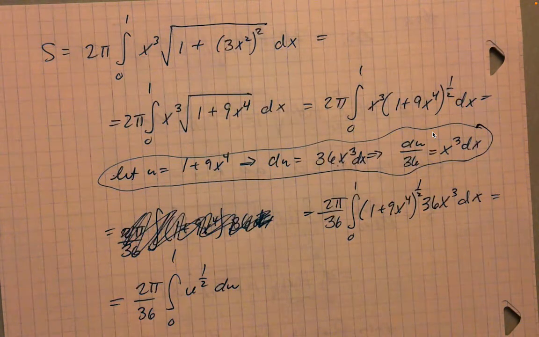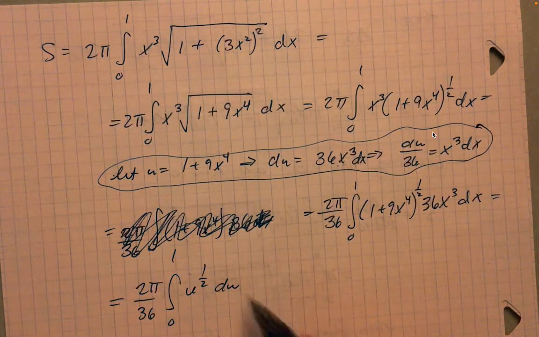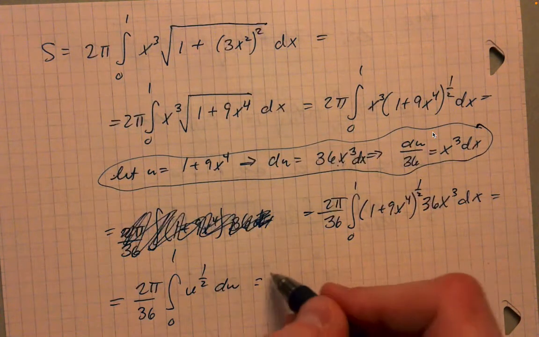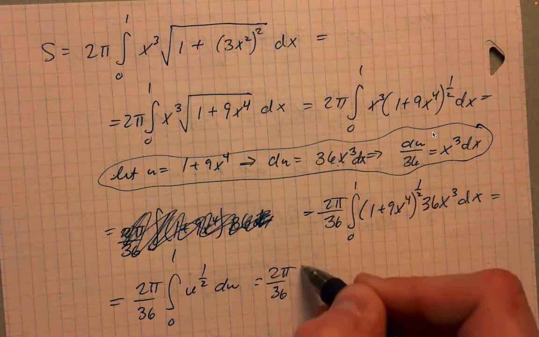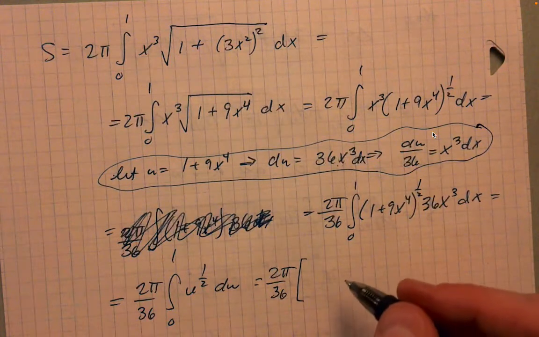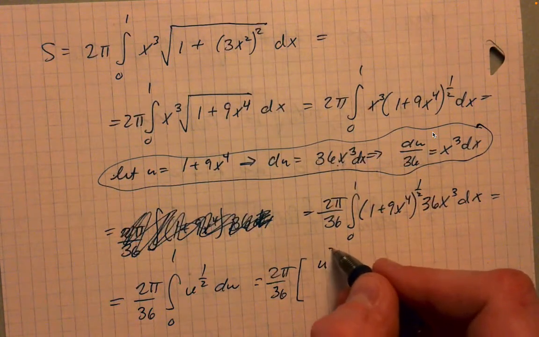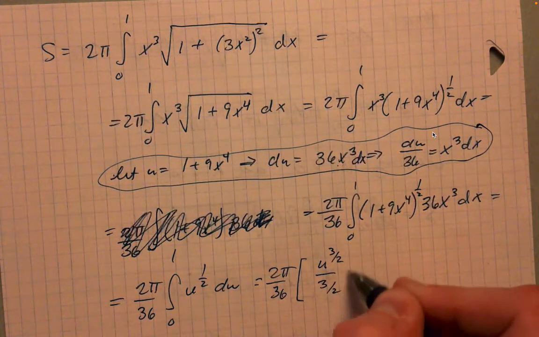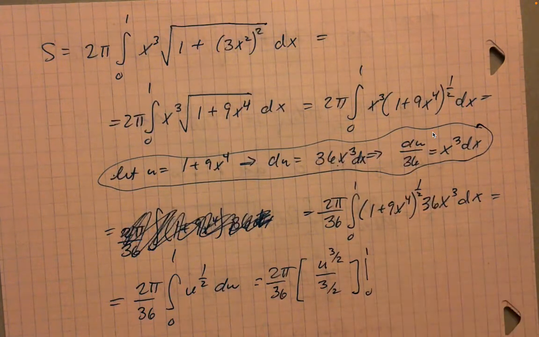All right. Then just do the integration here. So this would be u to the 3/2 over 3/2, 0 up to 1.